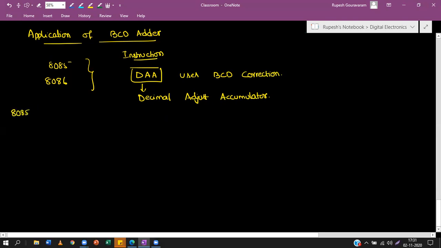So, for example, if I write the 8085 code, let us take this example. The code is like this: MVI A, 23H, then MVI B, 57H, and we queue this instruction ADD B and DAA.